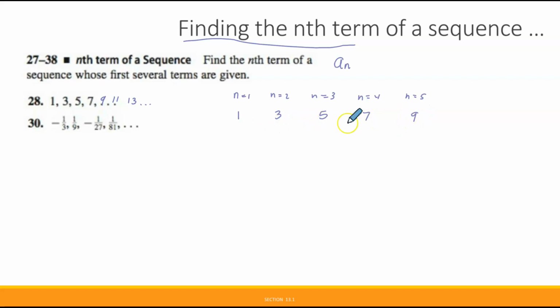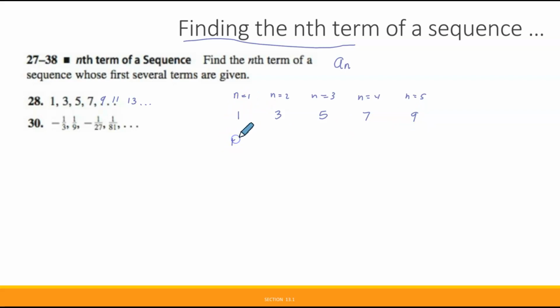Is there a formula that I can look at generating? Notice that this is plus 1, this is plus 2, this is plus 3, this is plus 4, and this is plus 0.